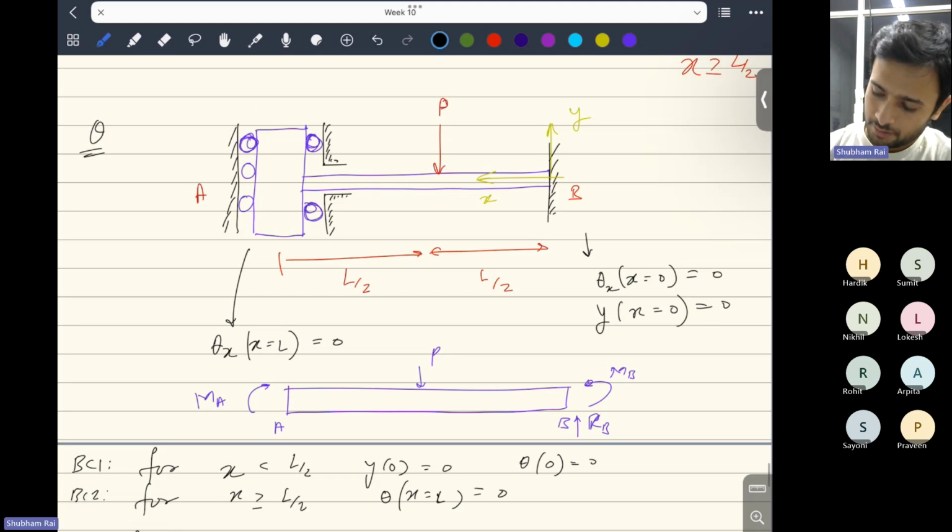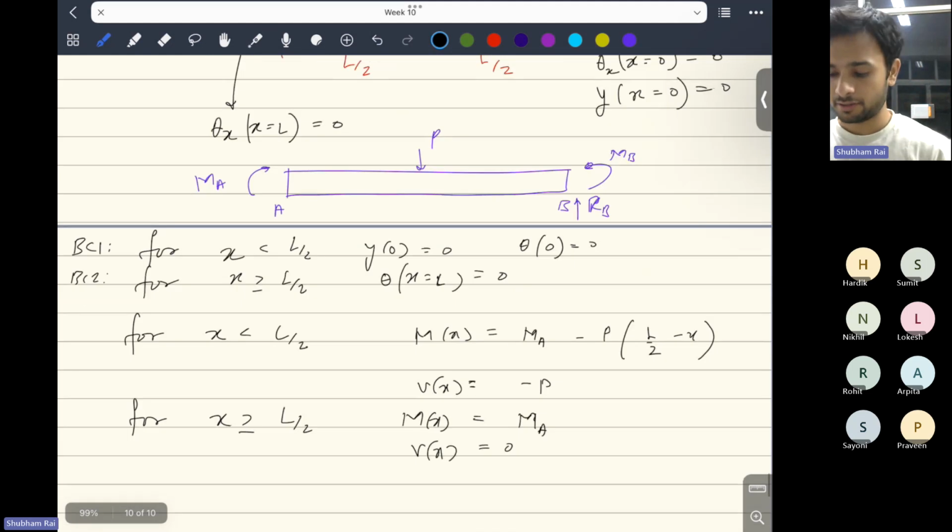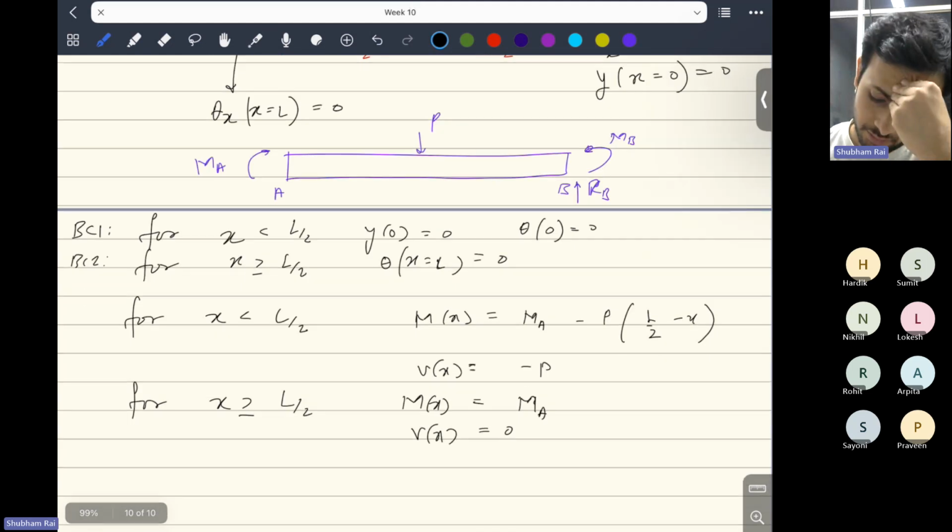Okay. So you can find out RB initially. So I think RB will also be unknown, I think. Let me just see.